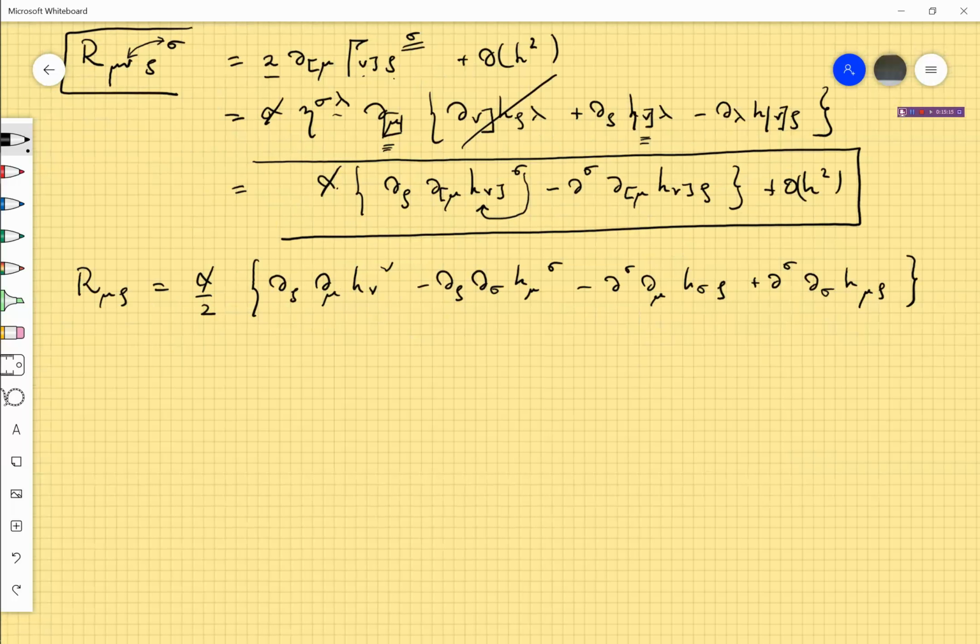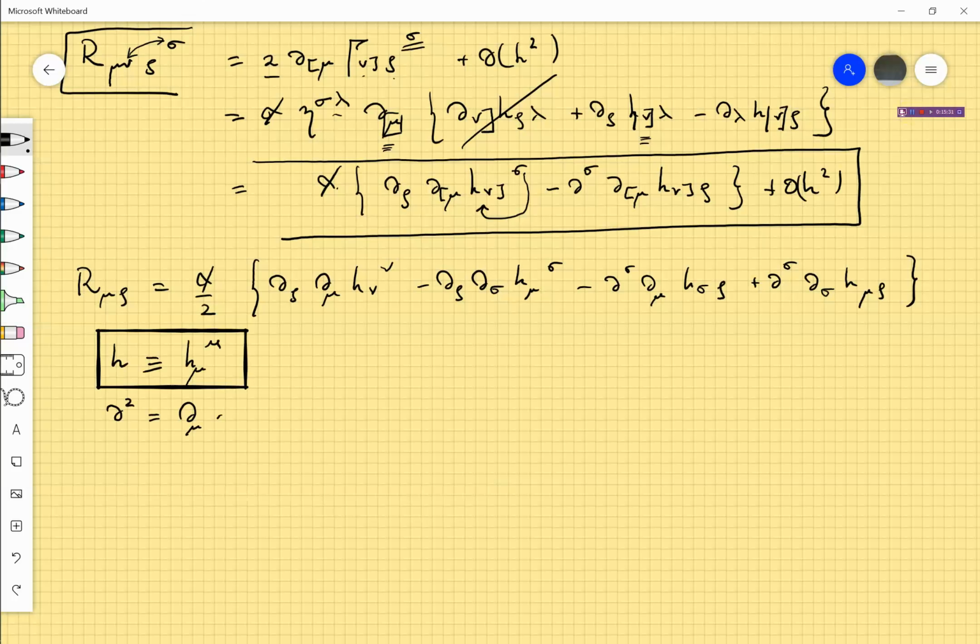Okay, we define h as the trace of h mu nu with eta. And that partial square is just partial mu, or the other way around.